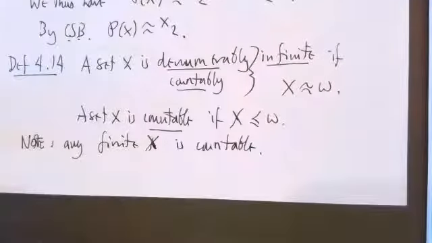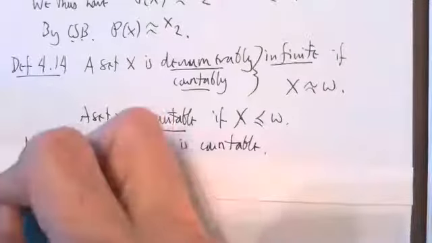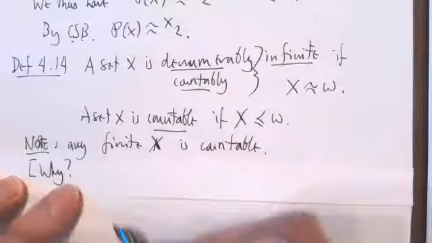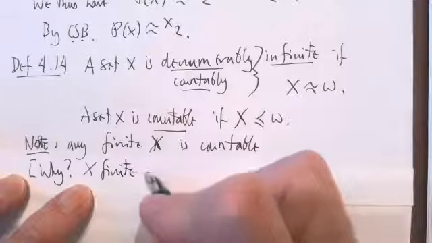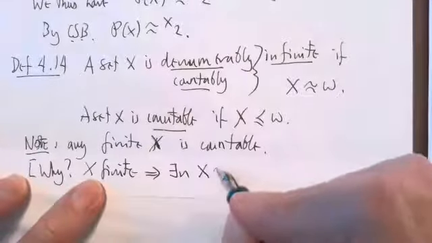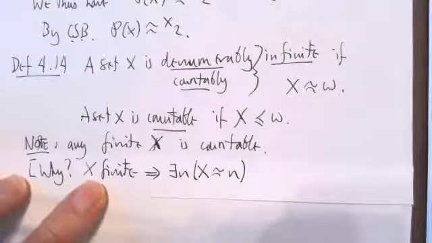So again, let me write what I just said there. Why? Because X finite implies there is an N where X is bijective with N. That's what finite meant.